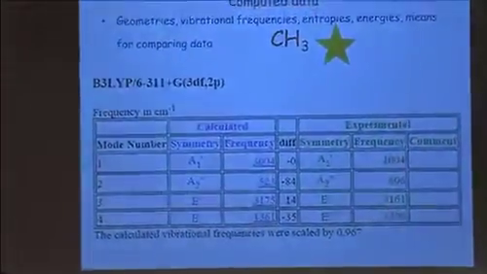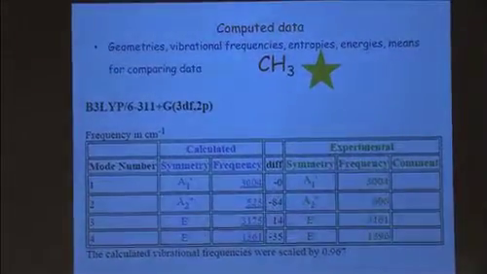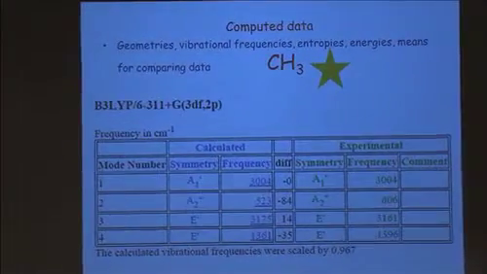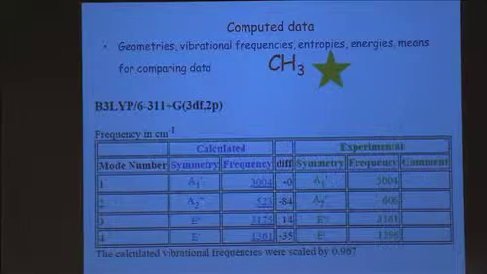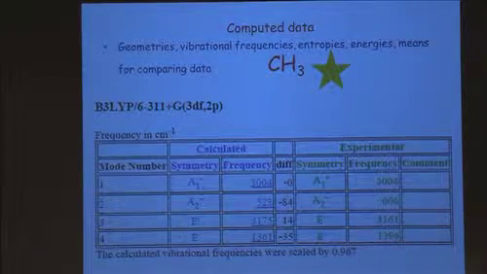Okay, so these are calculations at this level using this density functional theory. The theoreticians among you will know what this stuff means. The rest of you don't need to worry.